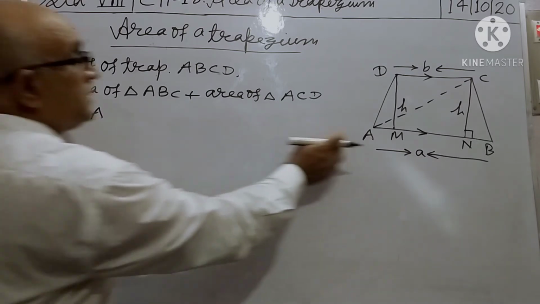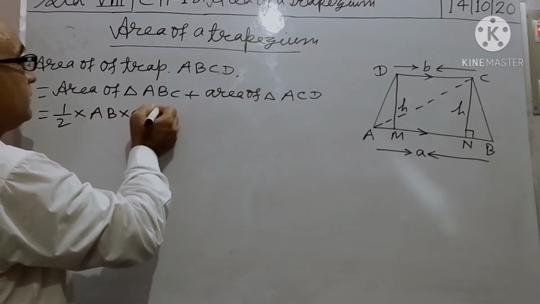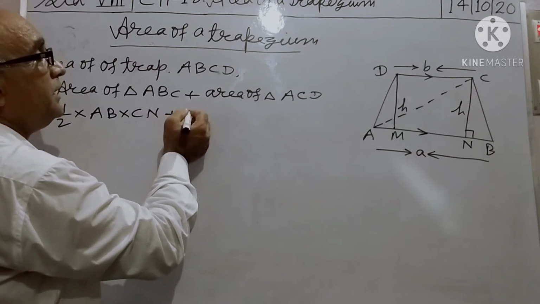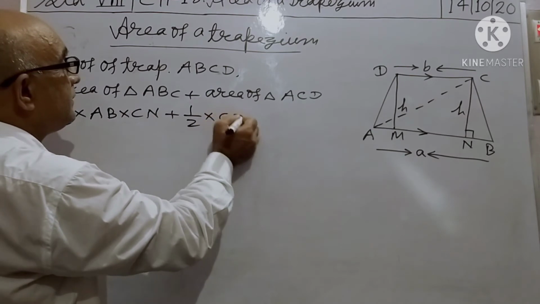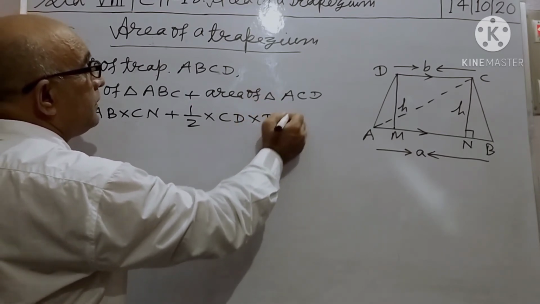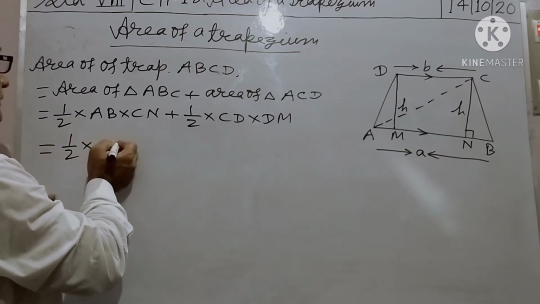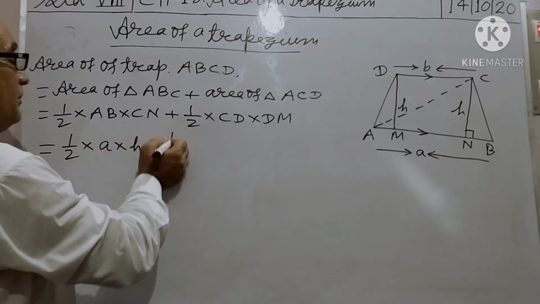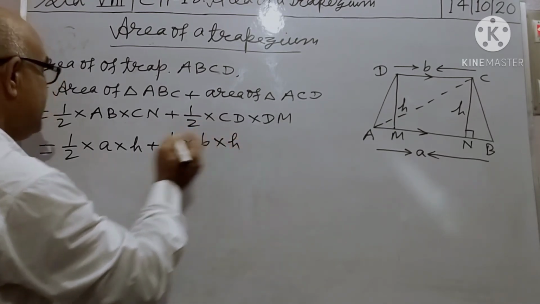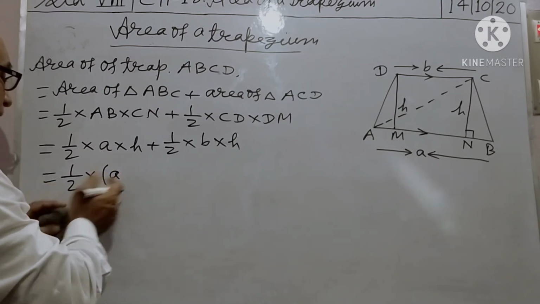Equals 1 by 2 into base AB into CN, the height, for triangle ABC, plus 1 by 2 into base CD into DM, the height, for triangle ACD. That is 1 by 2 into AB, small a, into H, plus 1 by 2 into CD, small b, into H, equals 1 by 2 into common H into a plus b.